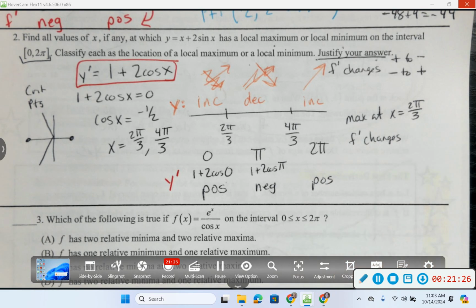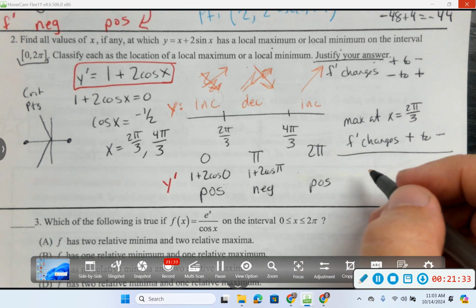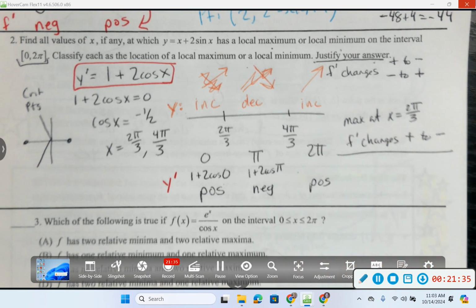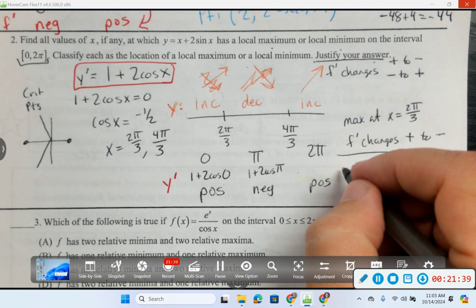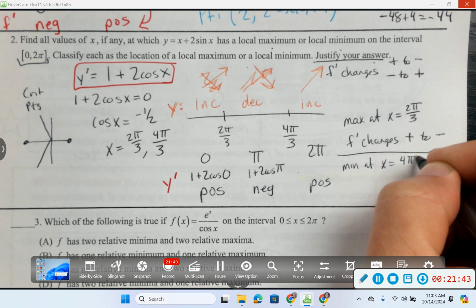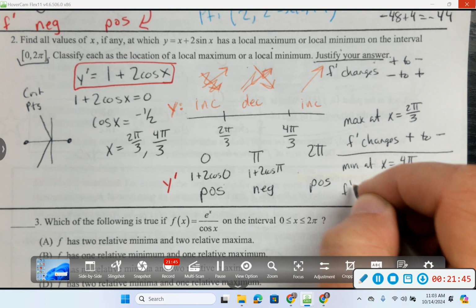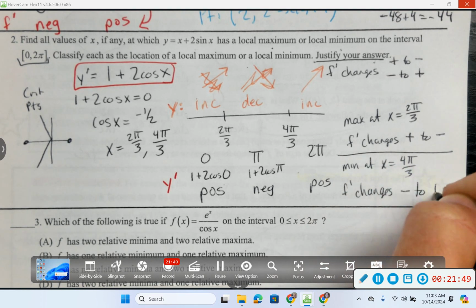F prime changes from positive to negative. That would make a max. And then what's going on at 4 pi over 3? Minimum. And then the same type of reason, but f prime changes negative to positive.